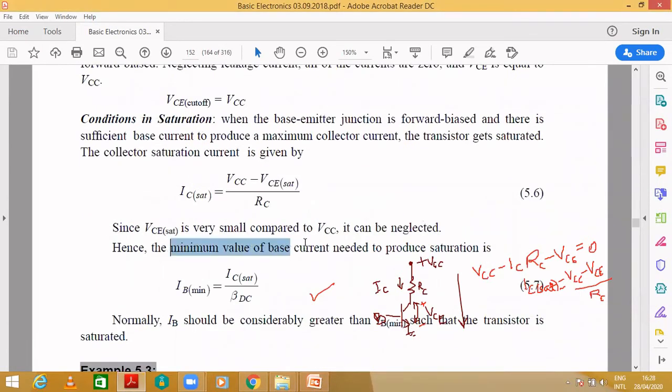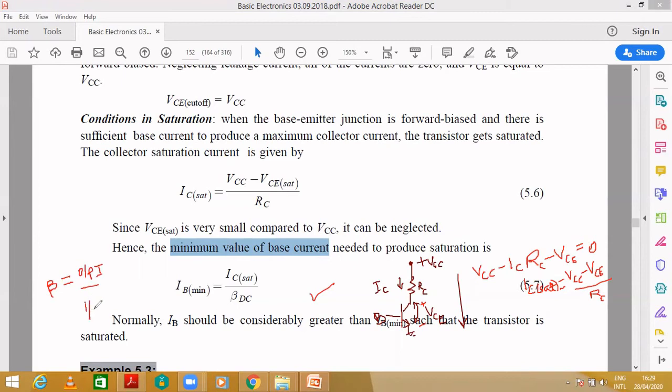Next, I have to get a minimum value for the base current. As you already know for a CE amplifier, the formula is IC equal to beta IB. If you rearrange that formula, it will become IB equal to IC over beta. You already know beta is the current gain for a CE amplifier, and gain is output current over input current.